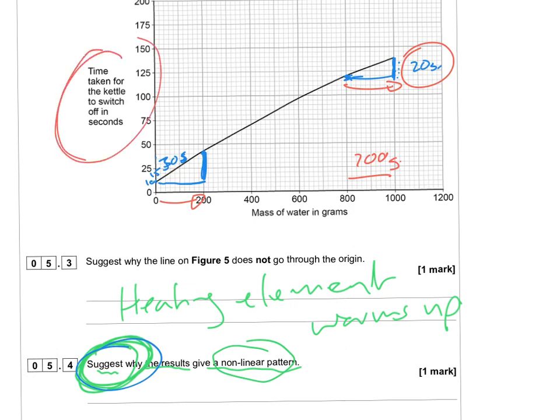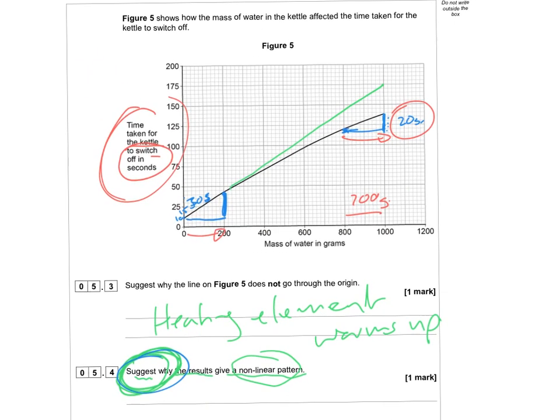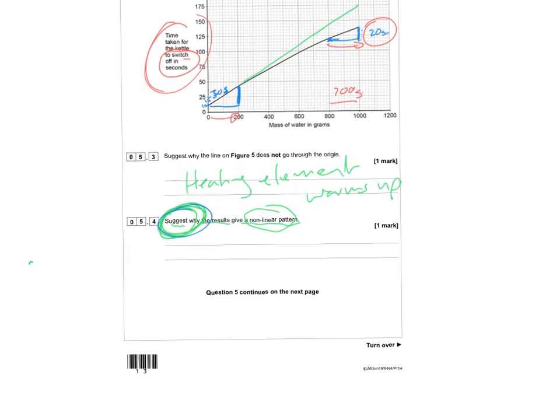All that energy is going into raising it to the right temperature, and therefore allowing it to switch off a little quicker than you think it would have done had it been a straight line pattern. So for that reason, you could boil it down to: if less energy is being lost, you could say it's more efficient at greater masses, or when there's a greater mass of water in the kettle.